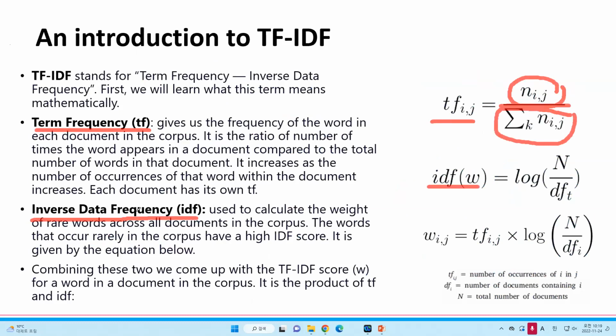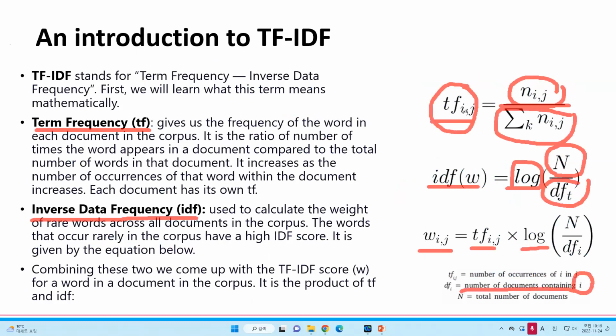IDF is the log of the number of documents divided by the DF, the number of documents containing the word. And then the weight is the TF multiplied by the IDF.